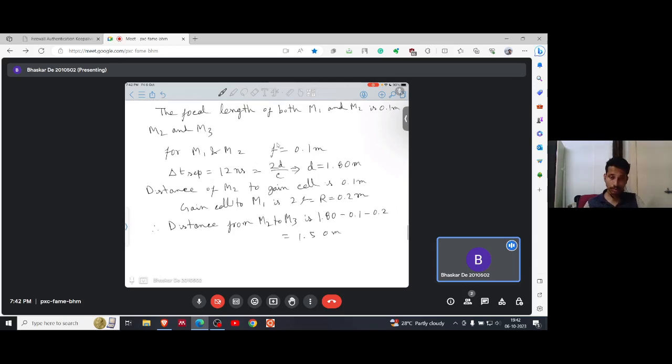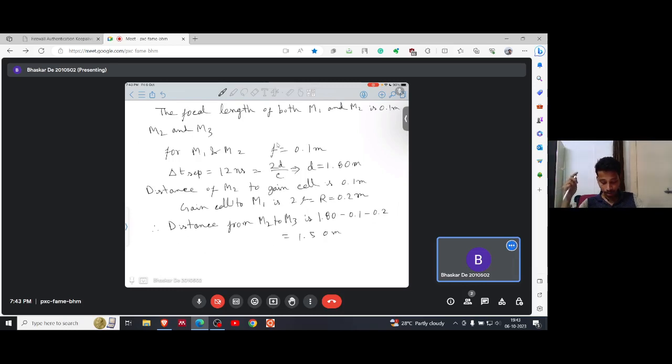So basically what we did here is very simple math. We take the whole distance as d and we calculated that value of d from delta t shape. Delta t shape is the separation between the two pulses and that is given as 12 nanoseconds. Now we calculate the total distance inside the cavity as d, and that d is 1.8 meter. Now the distance of M2 to gain cell is 0.1 meter. As I mentioned, the focal point is where the gain cell is situated, that's why the distance from the gain cell to the mirror is 0.1 meter.